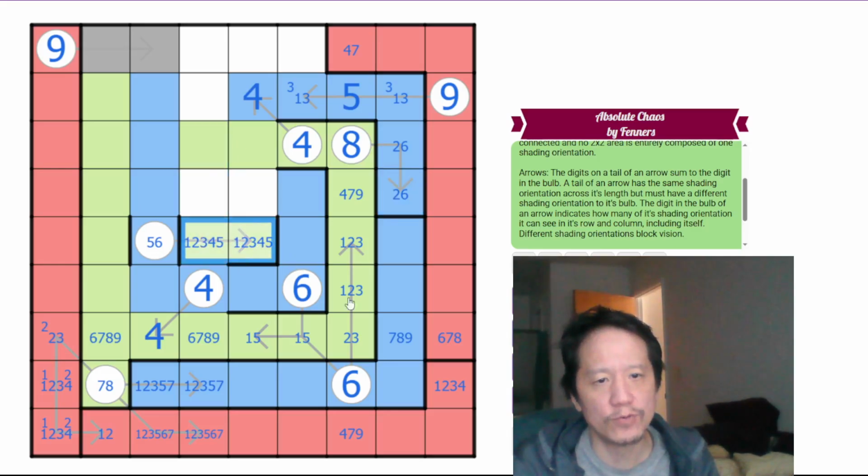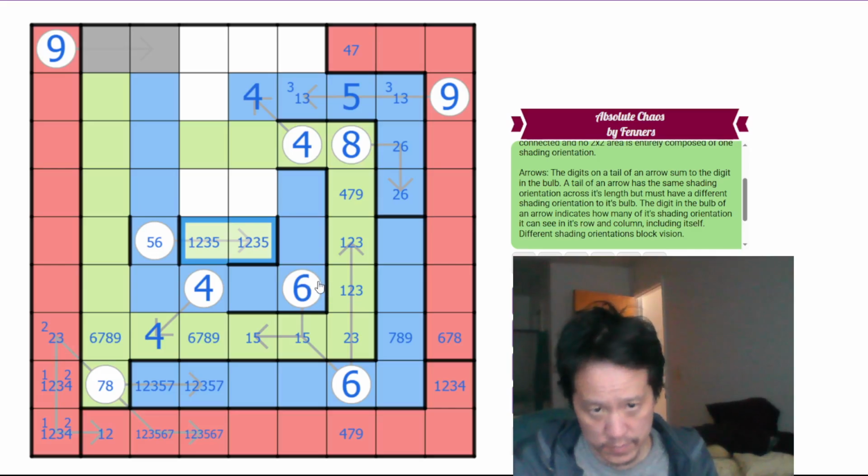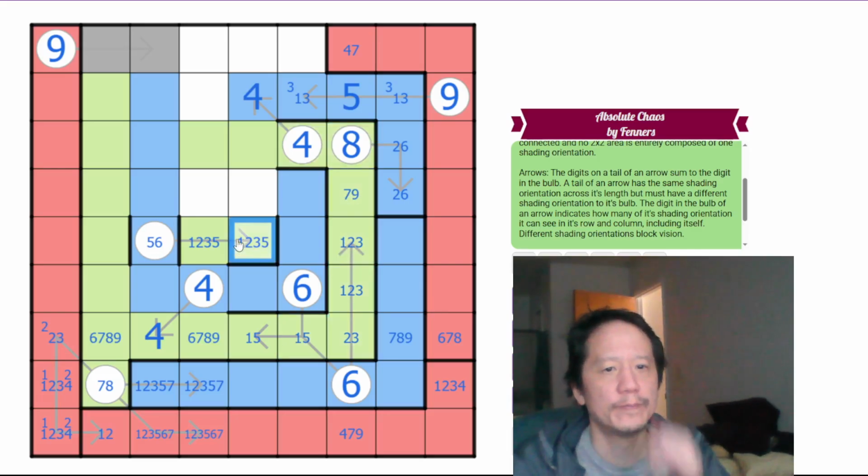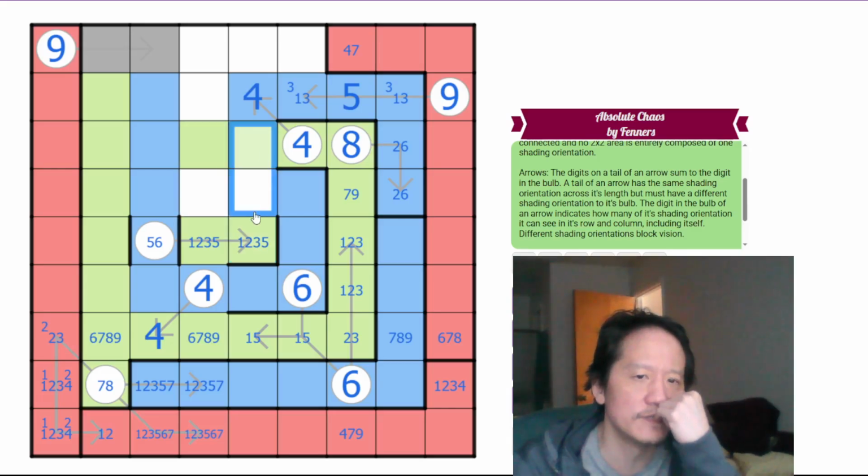This can't be 4. This can't be 4. We have 8 and 4, so this is a separate region here at least. This can't be 4. One of these is green, the other is blue.